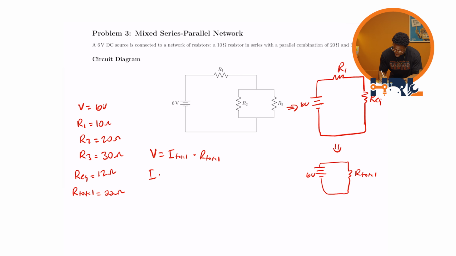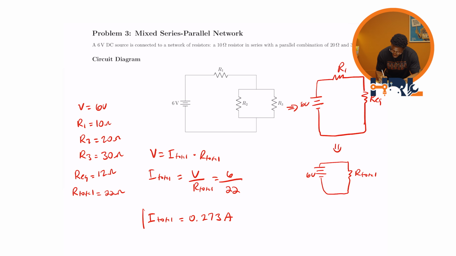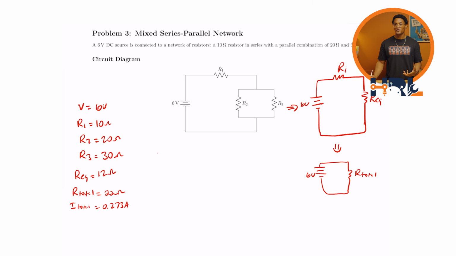So I total is equal to V over R total when we rearrange the equation. Our V is equal to 6 volts divided by 22 ohms of resistance, which is 0.273 amps.